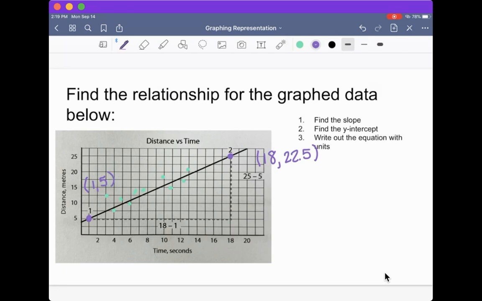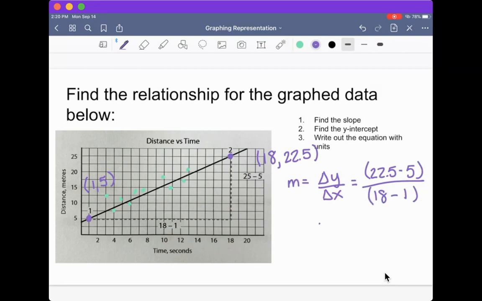So we're going to find our slope. So slope is going to be the change in y over the change in x. Okay, and so I'm going to take here 22.5 minus 5 all over 18 minus 1.